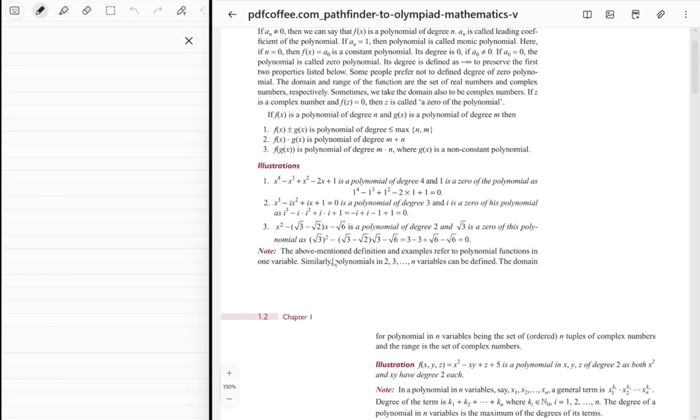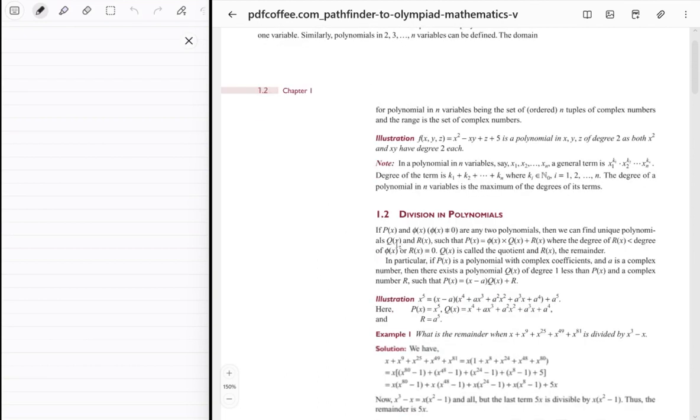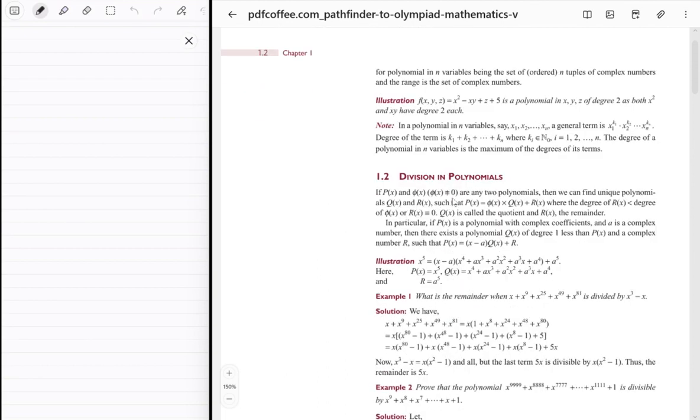The above mentioned definitions and examples refer to polynomial functions in one variable. Similarly, polynomials in 2, 3, and okay, n variables can be defined. Domain for polynomials in n variables. Okay, division of polynomials. Oh yeah, it's just the usual division theorem, right?